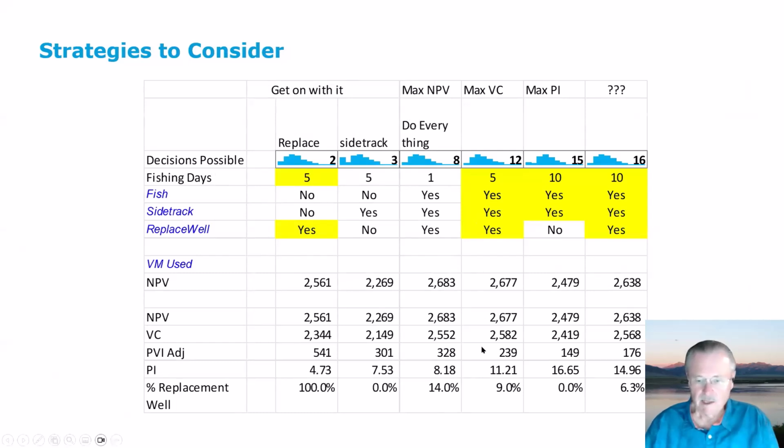And I can see that I spent $239,000 discounted on capital to get 2677, which is only slightly less than the maximum NPV. And I saved quite a bit in capital. I could maximize PI, but that really drops down my NPV. That makes no sense to me at all, even though some people might argue, well, that's the way you rank your projects, is by PI. Well, not in this particular case.